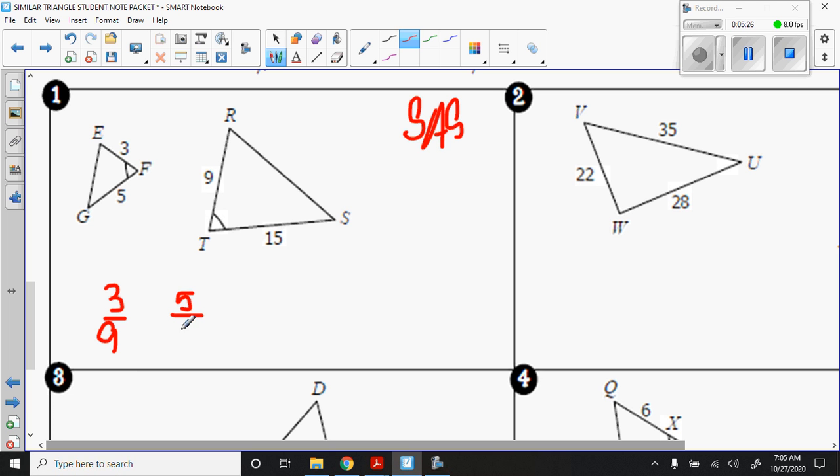If these are congruent when I turn them into a decimal, this is similar. So 3 divided by 9 is 1/3, 0.3 repeated, and 5 divided by 15 is 1/3, 0.3 repeated. Yes, these are similar by SAS.